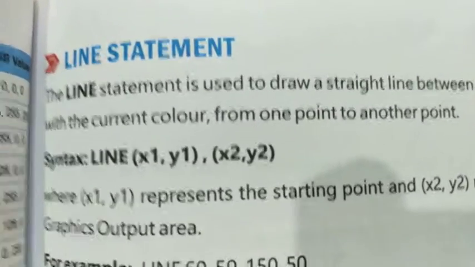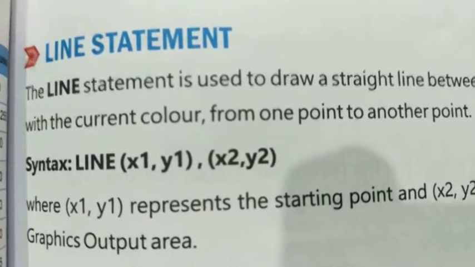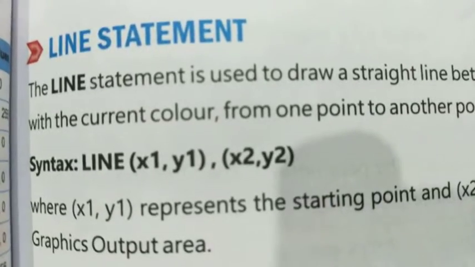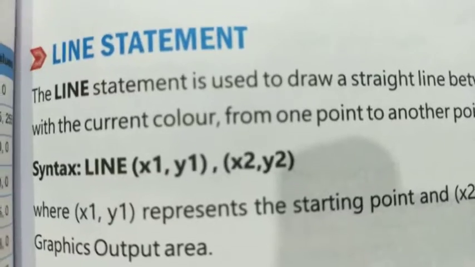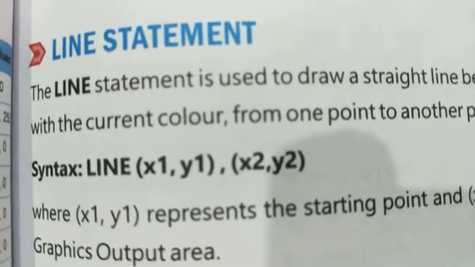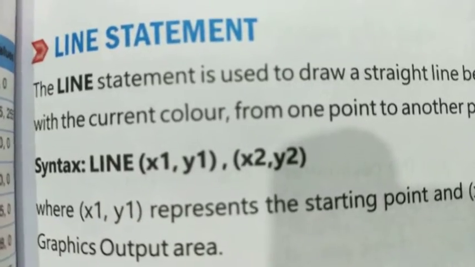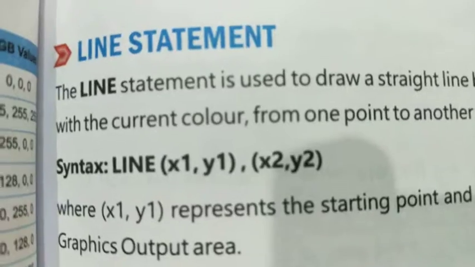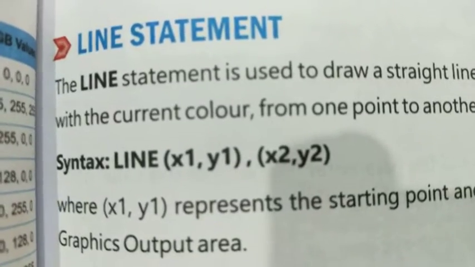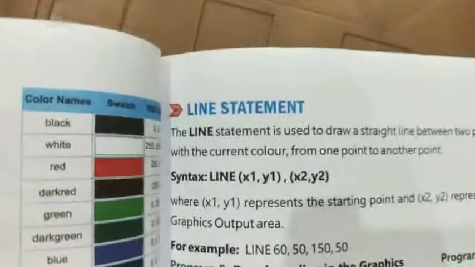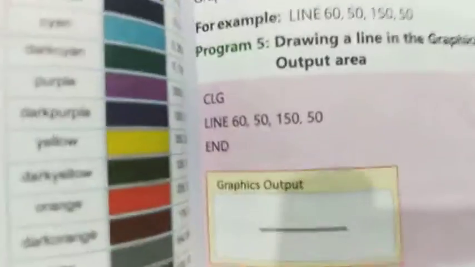The syntax of this statement is LINE (x coordinate, y coordinate), then the second x coordinate and second y coordinate. So you have to specify from which coordinate to the other coordinate you want to draw a line. When you give this statement, your output will be like this.